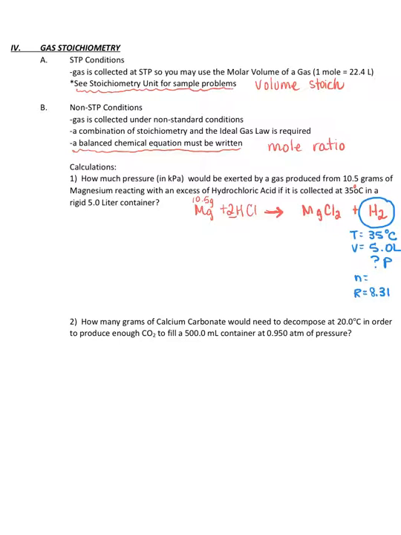We'd have to know N in order to solve for P, because right now we have two unknown variables in our ideal gas law.